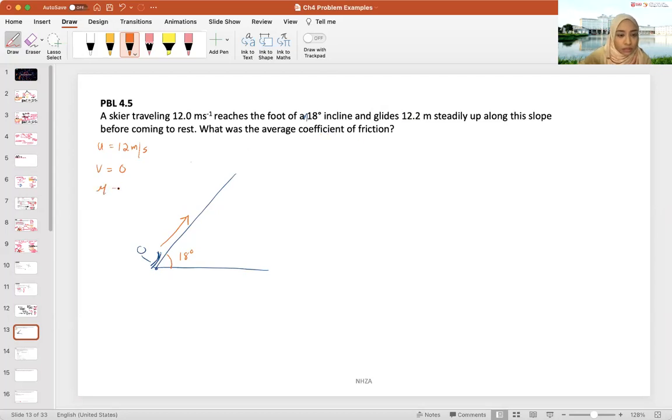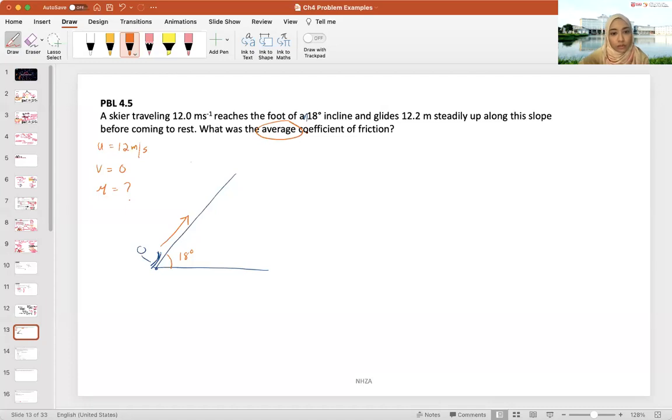So we need to know what is mu. Perkataan average ni boleh abaikan lah. It just means the coefficient of the surface lah. We are always finding the average, so don't worry about that. So U is 12 meter per second, V is 0 because it came to a rest. Mu is what we're trying to find.